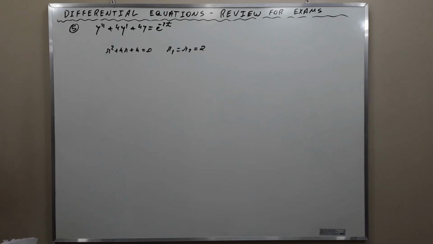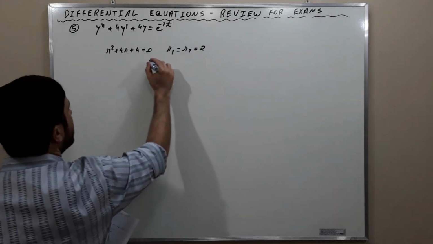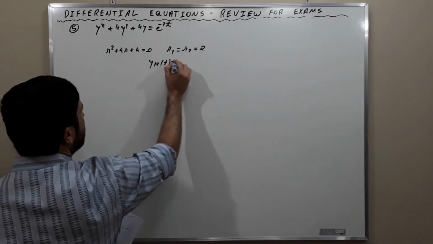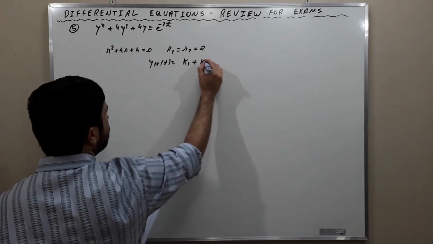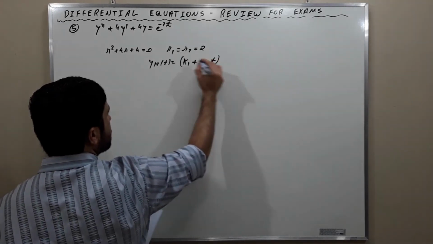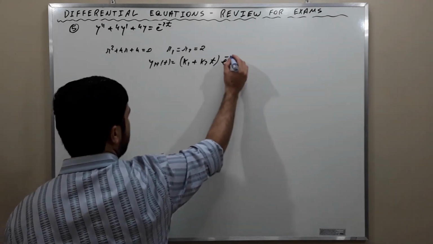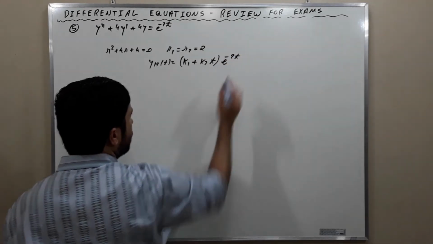When the roots are equal, we apply the following technique. The homogeneous solution is going to be (k1 plus k2 t) e to the negative 2t. Okay?